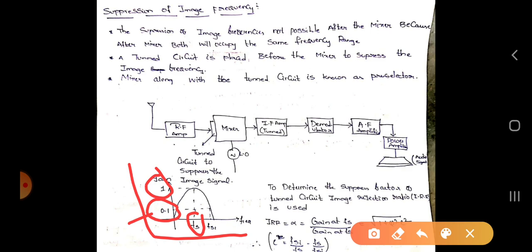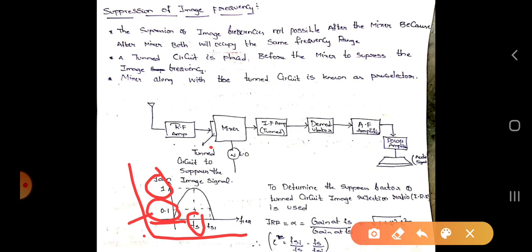If you pass both signals to this tuned circuit or the preselector, then the tuned frequency's intensity level is multiplied with the unity gain, so it will be as it is, transmitted after the tuned circuit. Similarly, Fsi is multiplied with 0.1, which is the gain, so we are reducing the image frequency to 1 by 10 times.